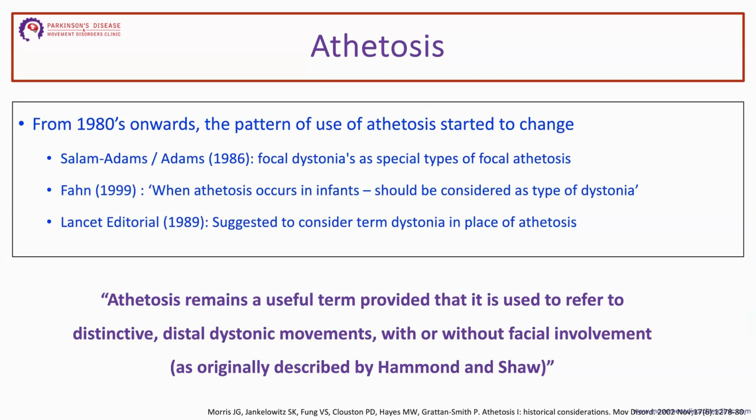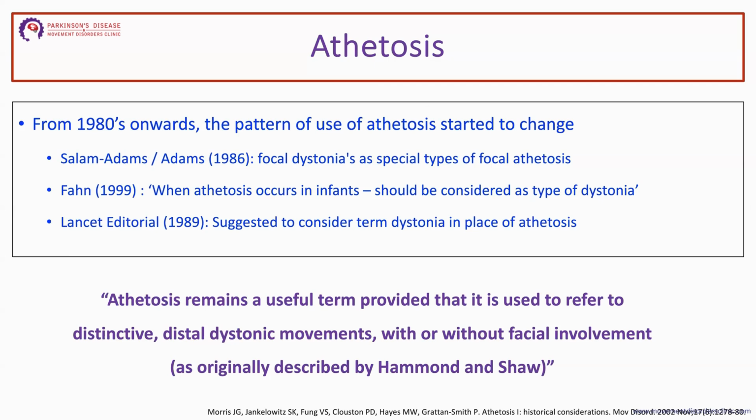From the 1980s onwards, the pattern of use of athetosis started to change, when Salem and Adams described it as a focal dystonia, a special type of focal athetosis. Fahn in 1999 told that when athetosis occurs in infants, it should be considered a type of dystonia.